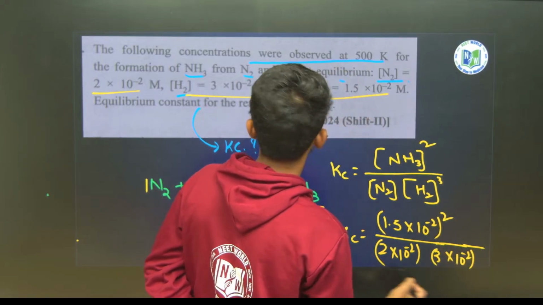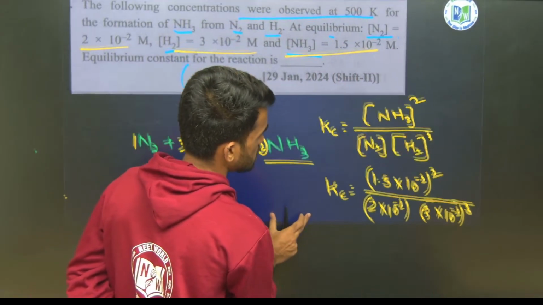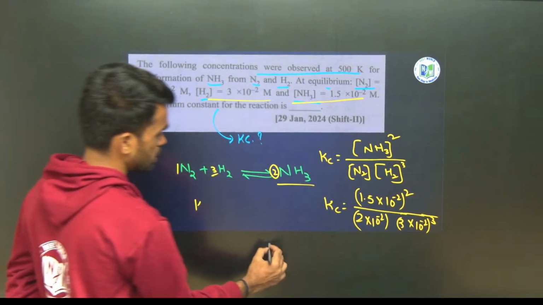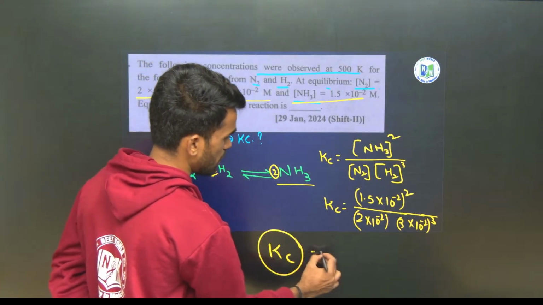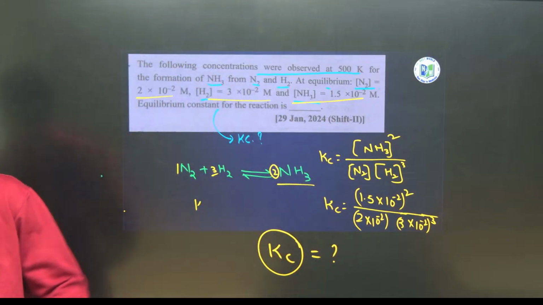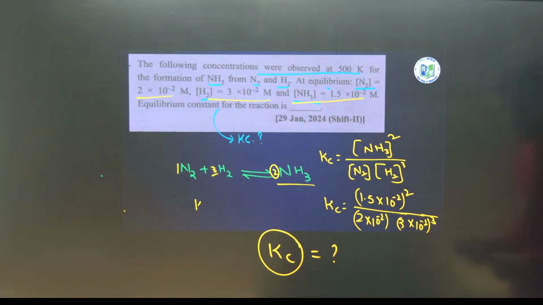Like this they have mentioned. Now try to simplify this and you will get the answer. Easy only. So what is the Kc, tell me in the chat box. Just simplify that, you will get the answer. Okay, next.